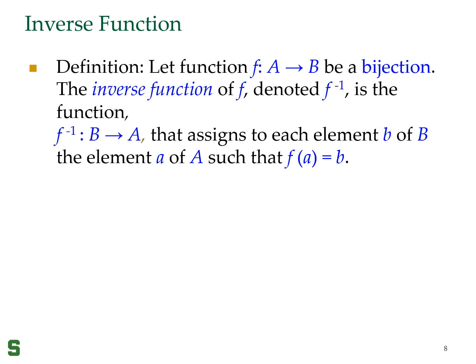If I had two arrows coming into an element in B, then when I reverse it, I will have two outgoing arrows, and neither of this is allowed in a function.